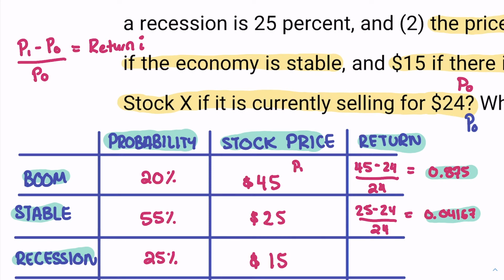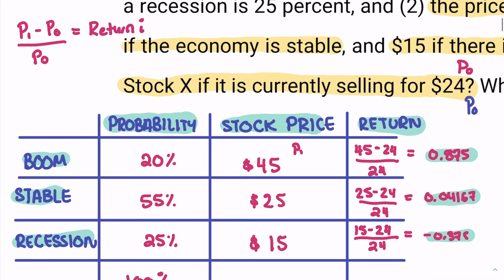So with that being said, all jokes aside, we're going to do (P1 minus P0) over P0. So we're going to do (15 minus 24) over 24. That's going to give us a return that has to be negative, of minus 0.375, so minus 37.5%.